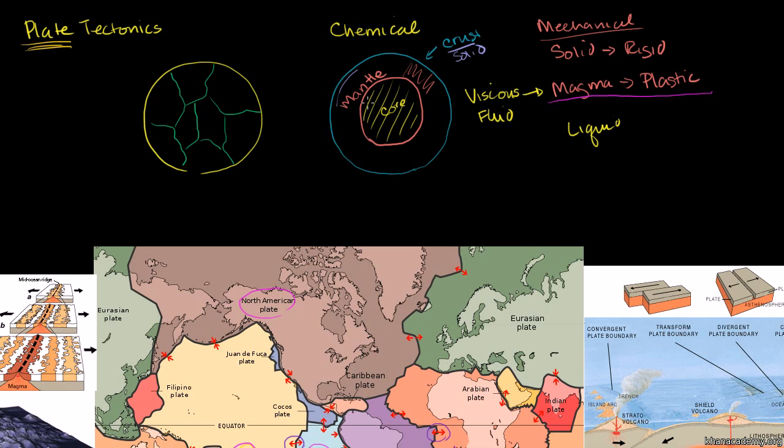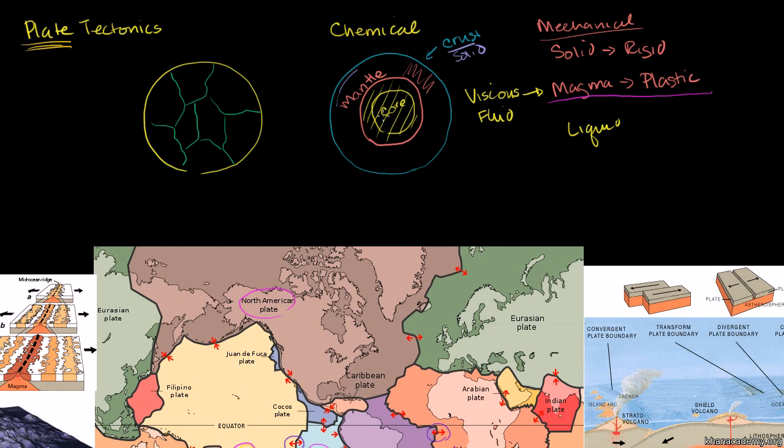And then the core, the outer core is liquid because the temperature is so high. The inner core is made up of the same things, and the temperature is even higher. But since the pressure is so high, it's actually solid. So that's why the mantle, crust, and core differentiations don't tell you about mechanical properties, whether it's solid, whether it's magma, or whether it's really a liquid. It just really tells you what the makeup is.